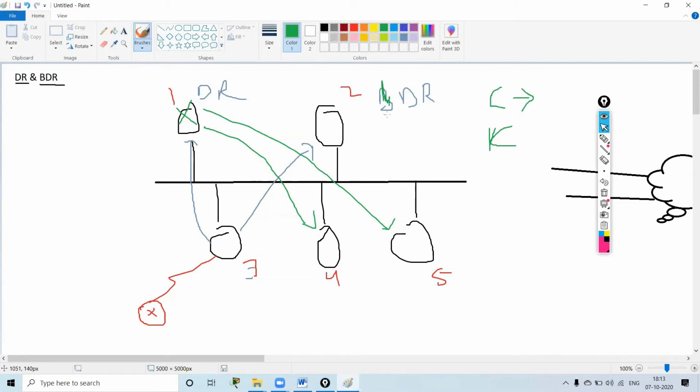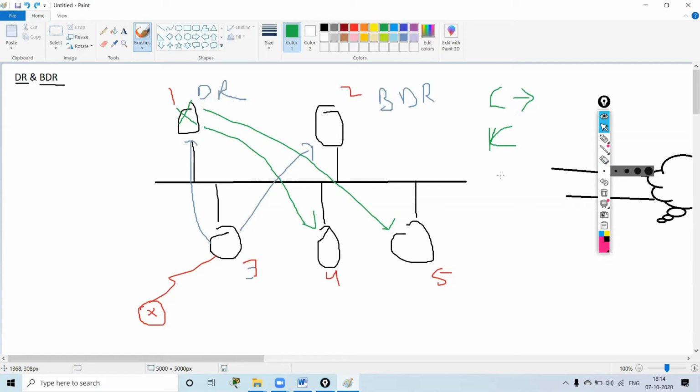So this router will become the DR and one more BDR, a backup designated router, will be elected. Okay, understood? Yes. So this is how the DR and BDR process is done.